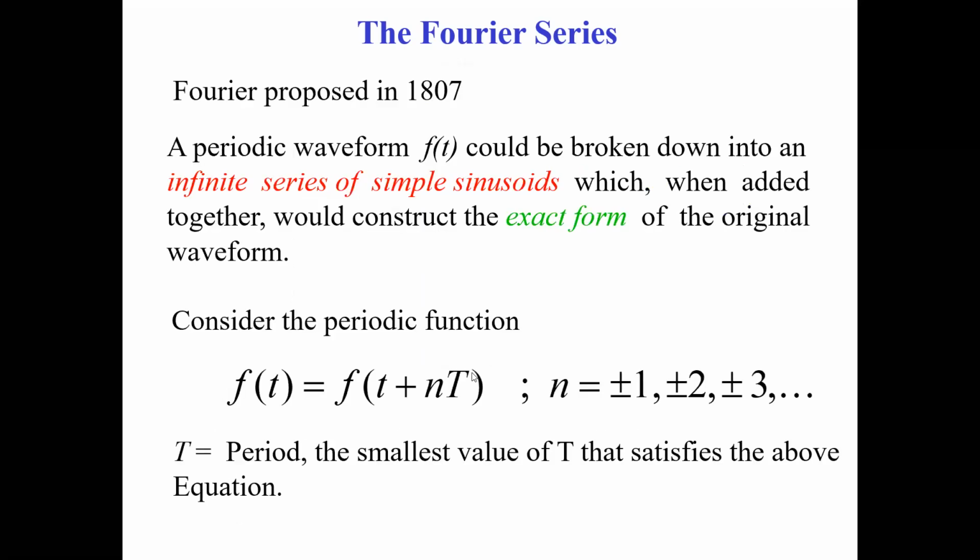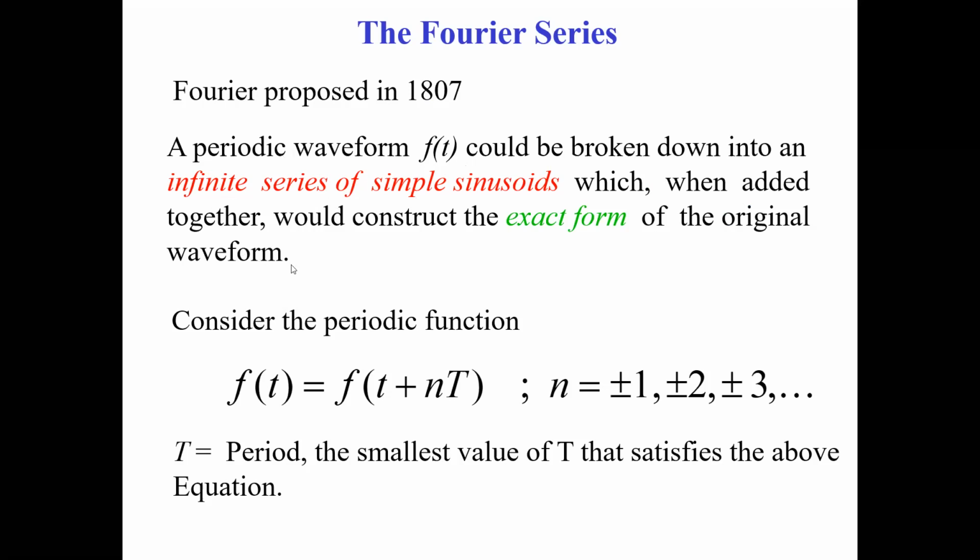Fourier proposed the Fourier series in 1807. So what was his proposal? A periodic waveform, f(t), could be broken down into an infinite series of simple sinusoids, which, when added together, would construct the exact form of the original waveform.